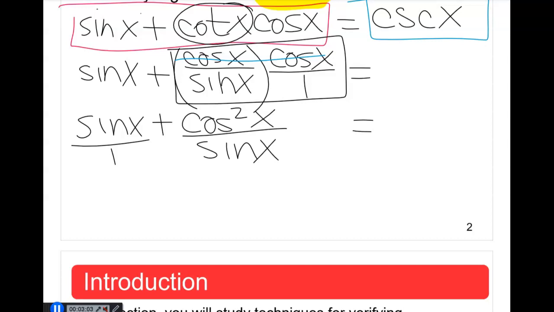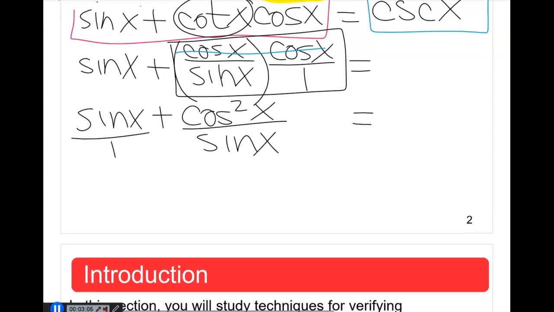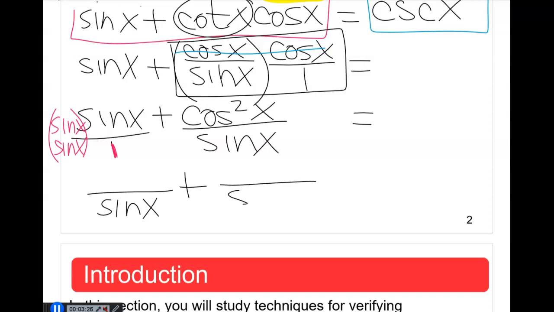And so for that, to make this one turn into sine x, we have to multiply the top and bottom by sine x. Again, why do I do that? Because I want both fractions to have the same denominator. So the second fraction already has that denominator. I don't need to do anything to it.